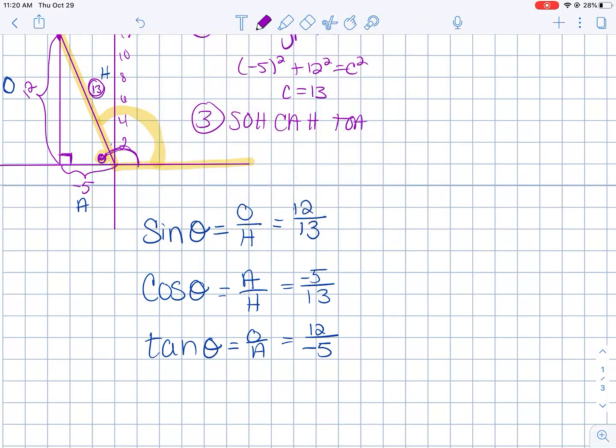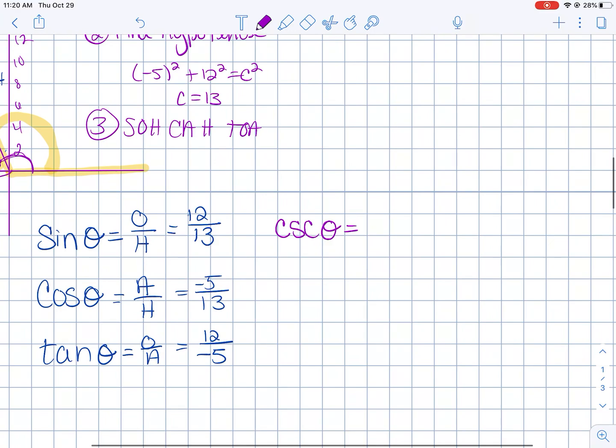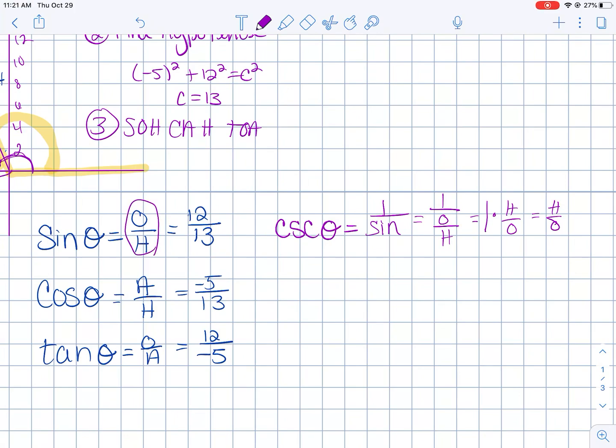So first, let's find the one related to sine, and that is cosecant of theta. Now remember the other day we said that the cosecant is the reciprocal of sine. So if we do 1 divided by opposite over hypotenuse, that's the same as 1 times the reciprocal, hypotenuse over opposite. So if I really want to find the cosecant, all I have to do is flip or reciprocate the ratio for sine, okay?